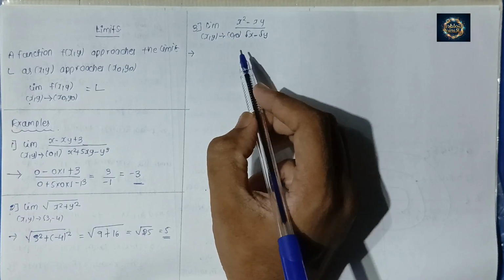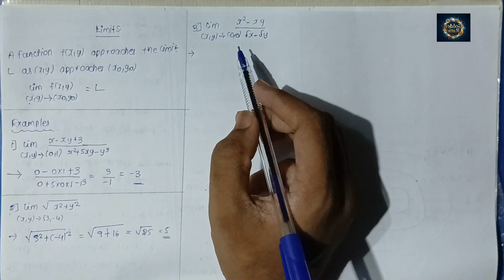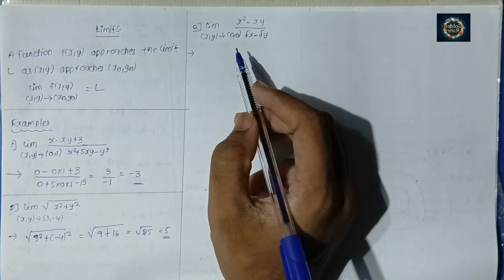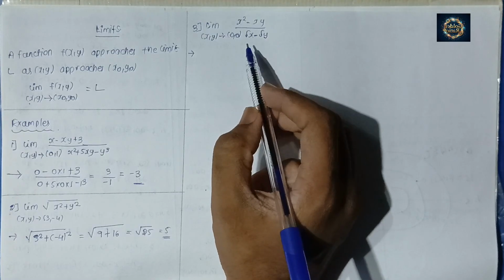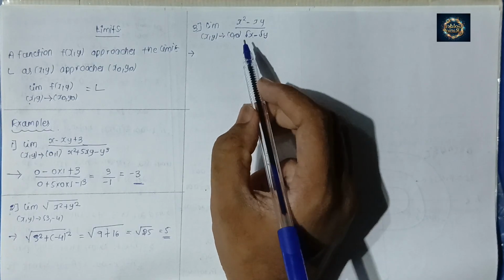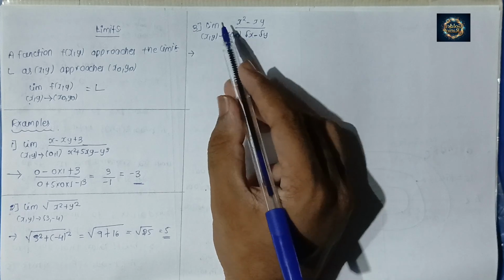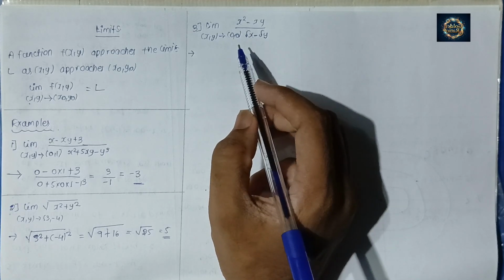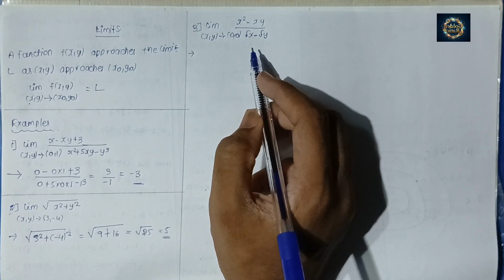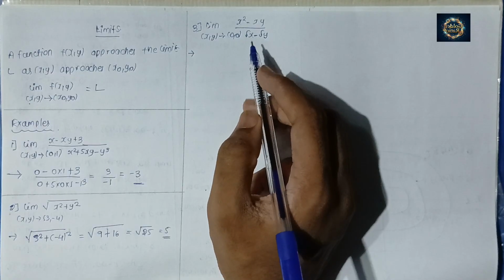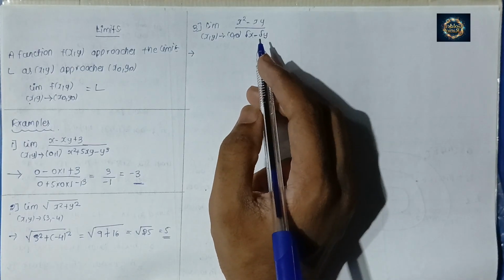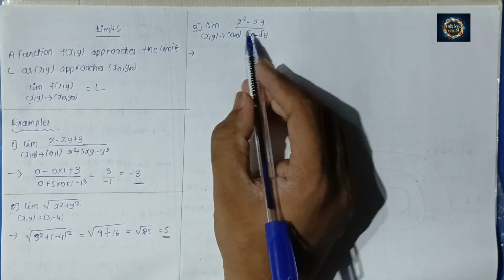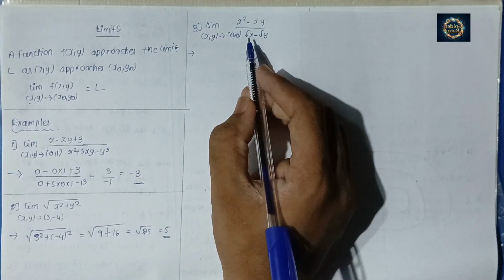We deal with this kind of problem in one of the units in first semester. We can solve this using L'Hopital's rule, but here there is no concept of L'Hopital's rule. So we can make some rearrangement and try to solve this. I cannot directly substitute, I need to make some rearrangement.